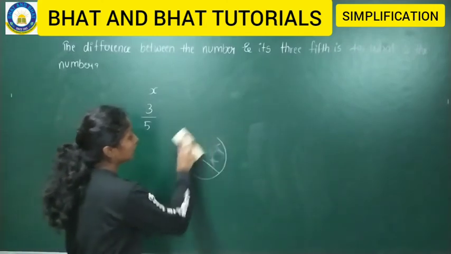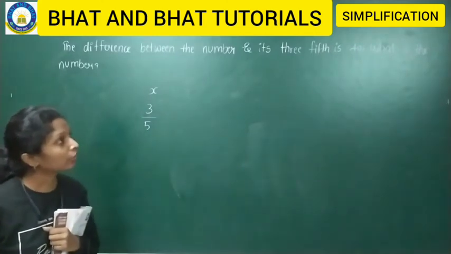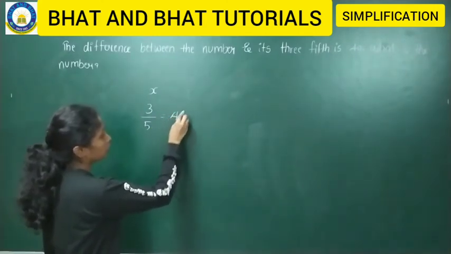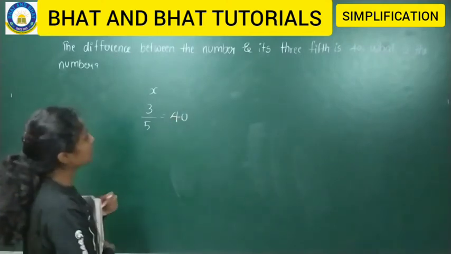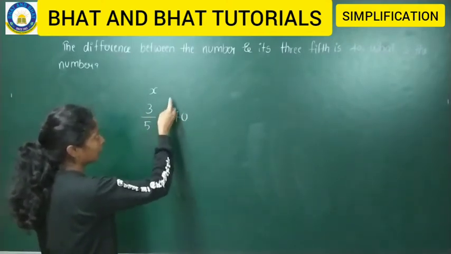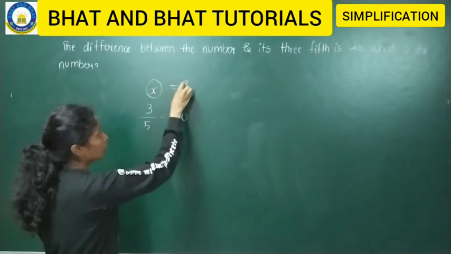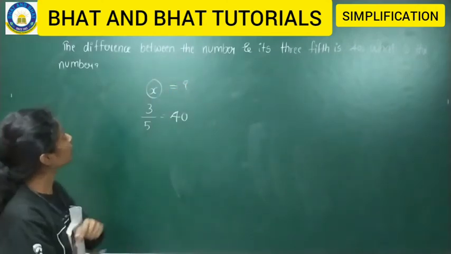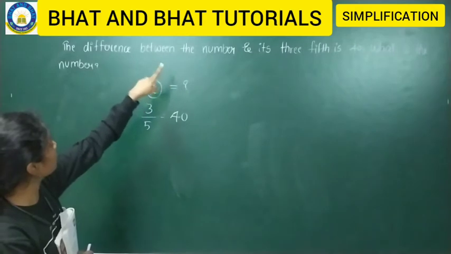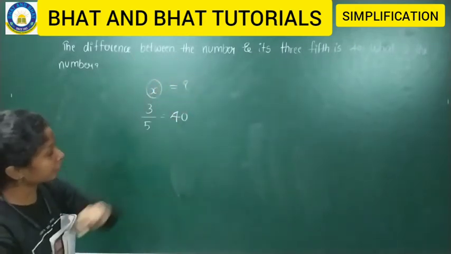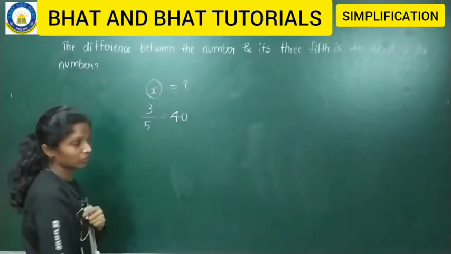So 3/5 is how much they are telling? 40. And what is the number? If 3/5 is 40, what is this particular number they are asking? The difference between the number and its 3/5.